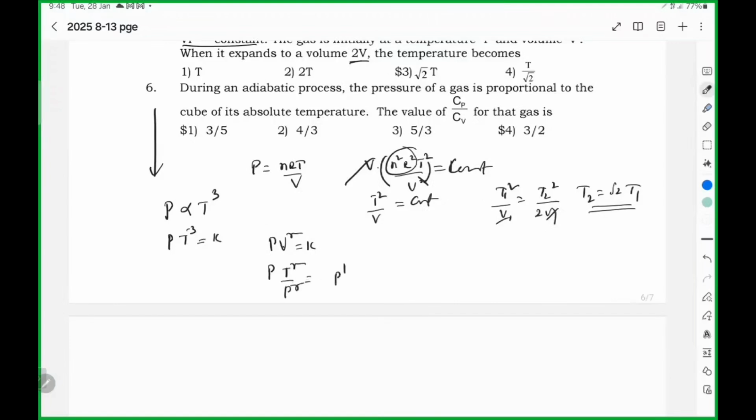So between P and T, this is the relation. Or you can raise it to get P T power gamma by 1 minus gamma constant. Comparing, gamma by 1 minus gamma is minus 3, so minus 3 plus 3 gamma. Here you get minus 2 gamma is minus 3. Gamma value is 3 by 2.